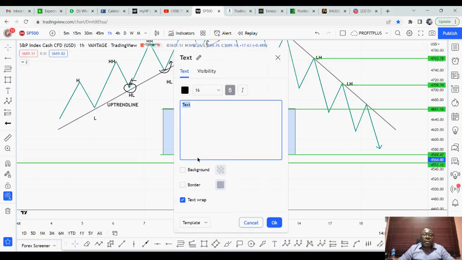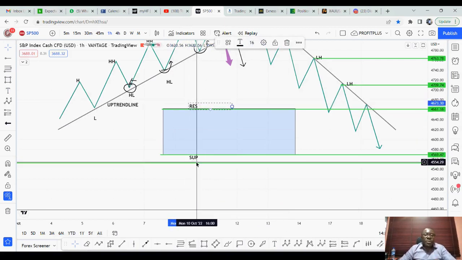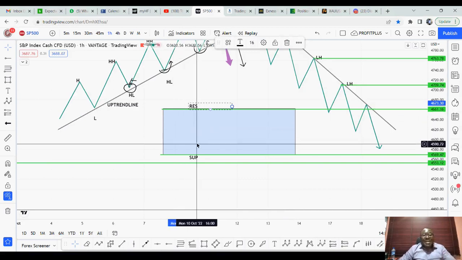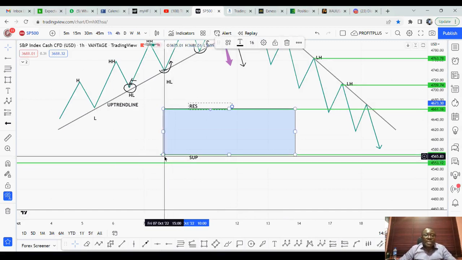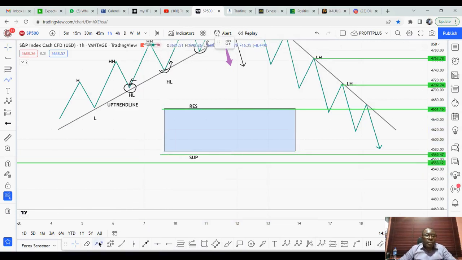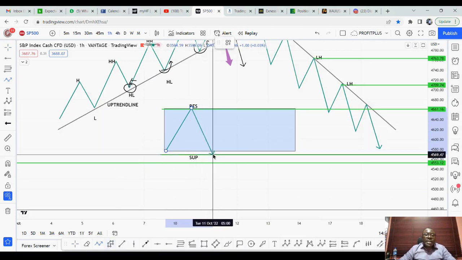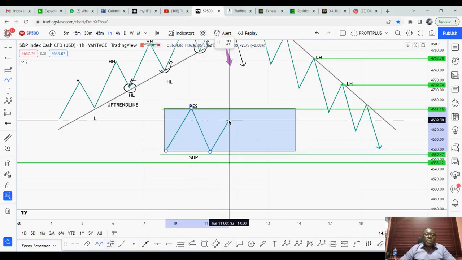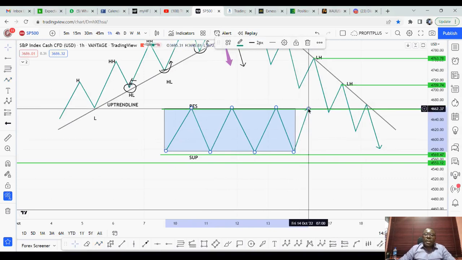Some people call it demand here and supply here. All right? So it's basically resistance and supply, and support zones. So you can see markets move in this environment. It will hit the resistance, it bounces, hits support, it bounces up, hits resistance. This is how it's been doing, like this.